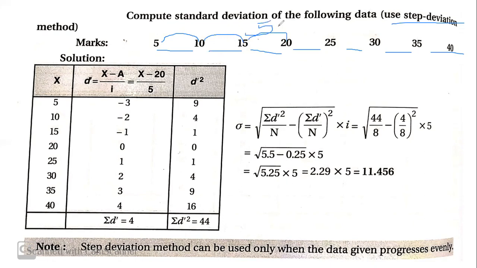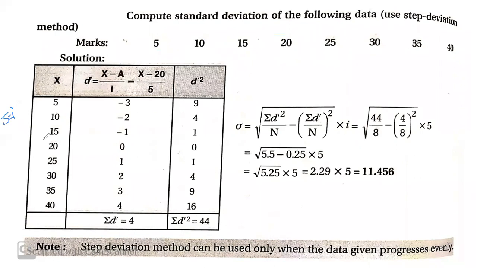So this 5 is known as the common value or I. Okay, 5 is the common value or I. So let's write down all these numbers into the table. So X is 5, 10, 15, 20, 25, 30, 35, 40. So the common difference between all these numbers is 5 for us. So 5 will be I.